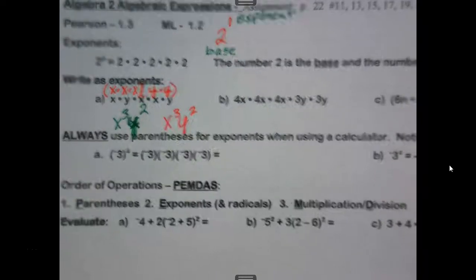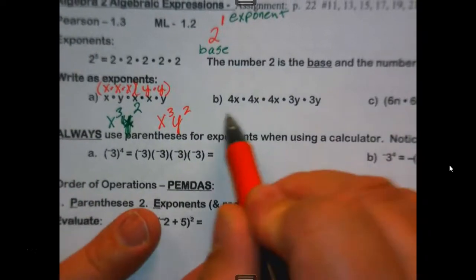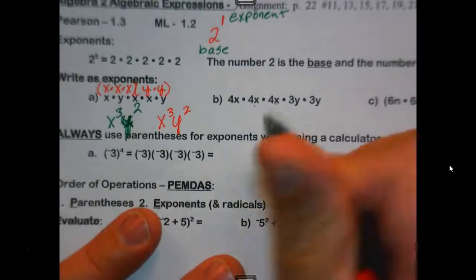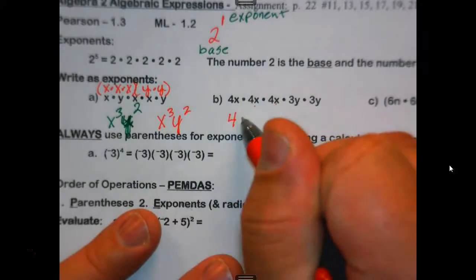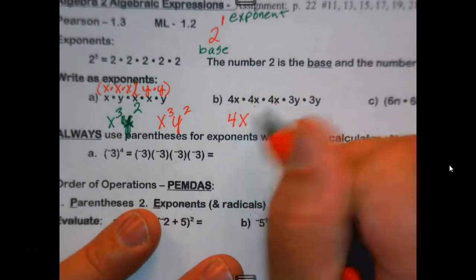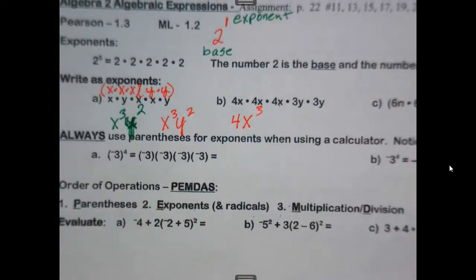All right, B. I have 4x 3 times, right? Am I good with that?